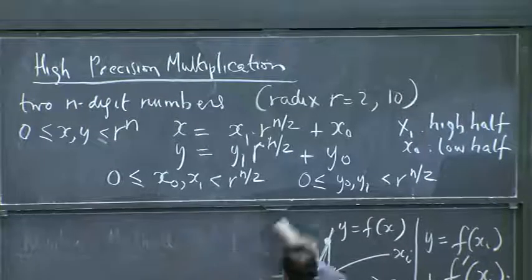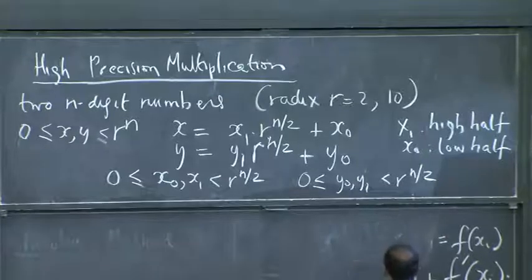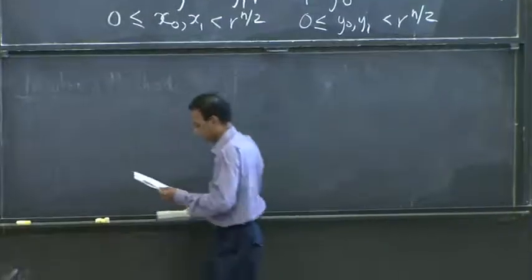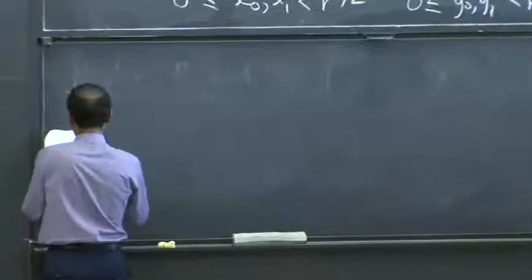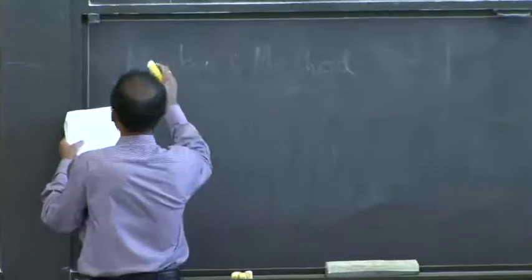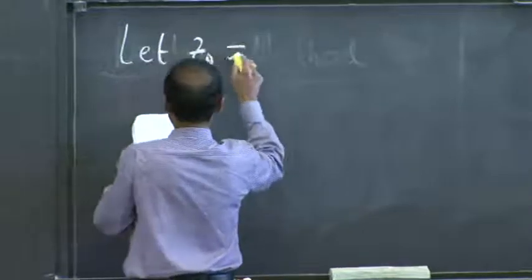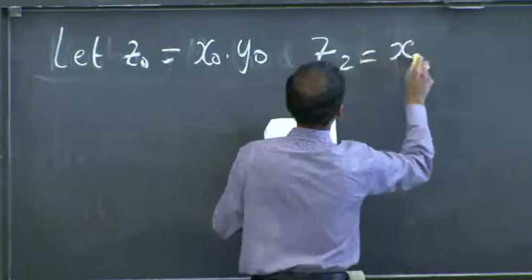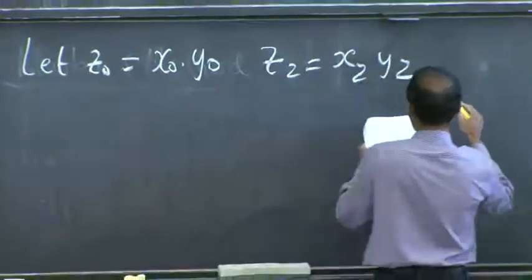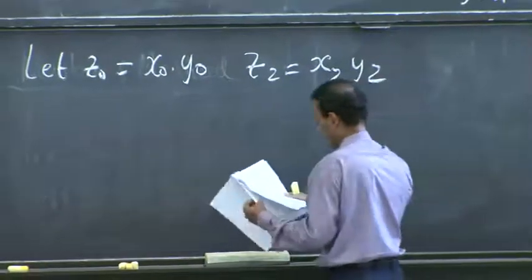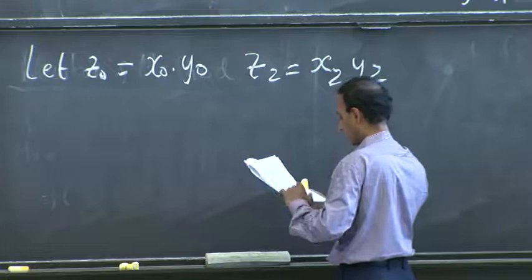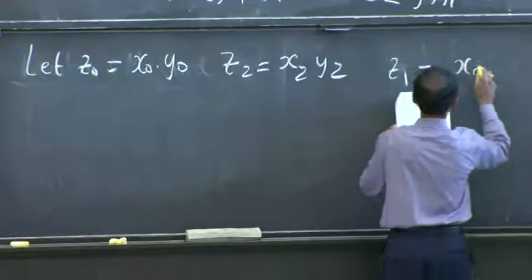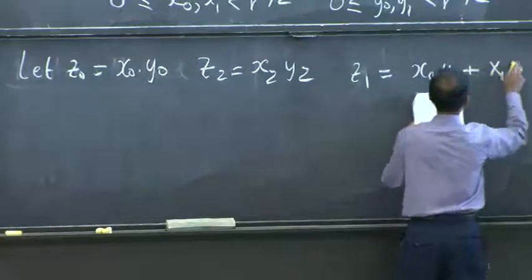And again, if you do things in a straightforward way, you will create a recursive multiply, as I'll write here. What you do is you say let z0 equal x0 times y0, z2 equals x1 times y1, and I missed z1, but z1 equals x0 y1 plus x1 y0.